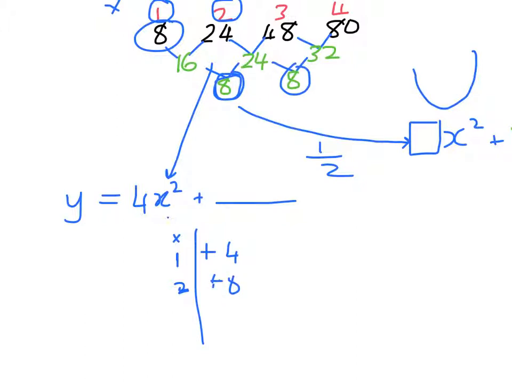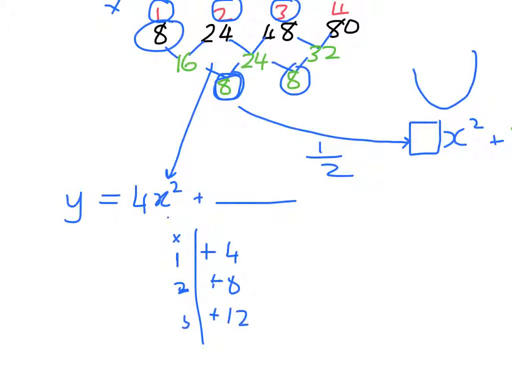Sorry, my pen's not writing very well. My third term, if I put 3 into my equation, 3 squared is 9, 9 times 4 is 36. But with 3 I've got a 48. So I've got to add 12.